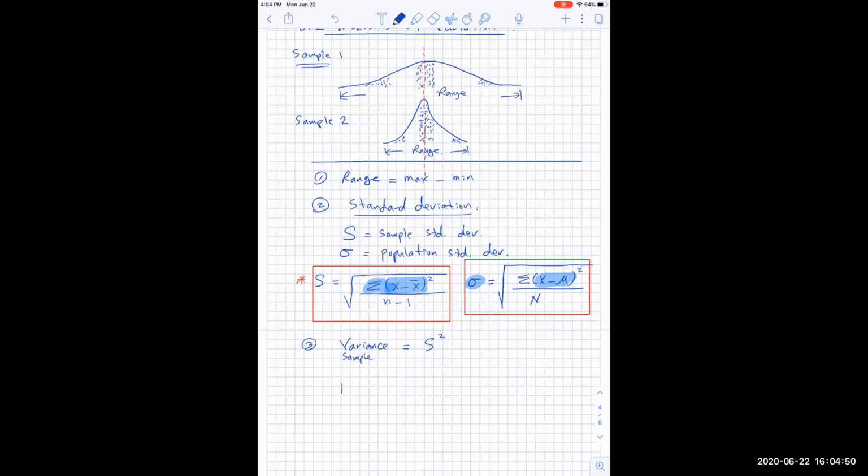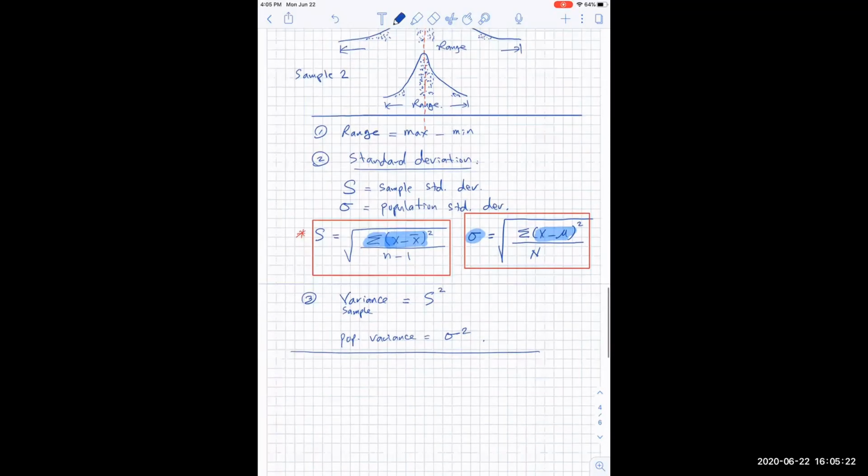And you also have the population variance, which is sigma squared. So after finding the standard deviation, if you square that number, you get another measure that is called the variance, the sample variance and the population variance. Okay. Example. Any questions, guys, on this?